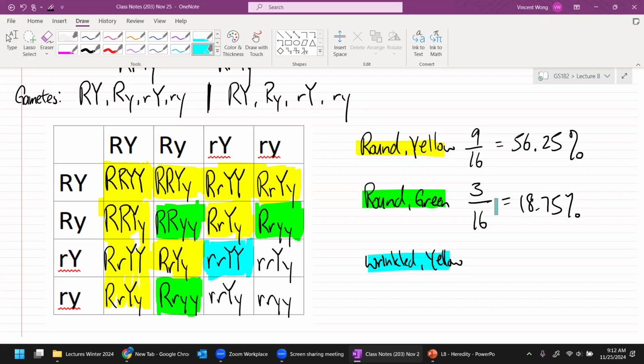How many, Bettina? Wrinkled yellow, right? Look, this is wrinkled because it's a little r, and then big Y for yellow. This is wrinkled yellow. 3/16.